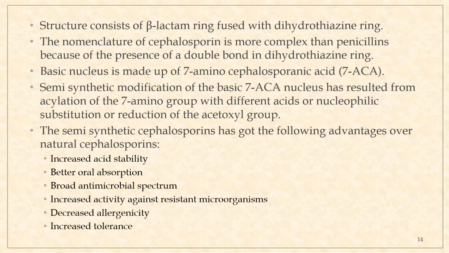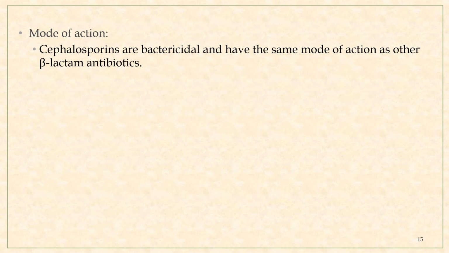Semi-synthetic cephalosporins have the following advantages over natural cephalosporins: increased acid stability, better oral absorption, broad antimicrobial spectrum, increased activity against resistant microorganisms, decreased allergenicity, and increased tolerance. The mechanism of action is similar to that of penicillins: they are bactericidal and inhibit peptidoglycan layer synthesis.